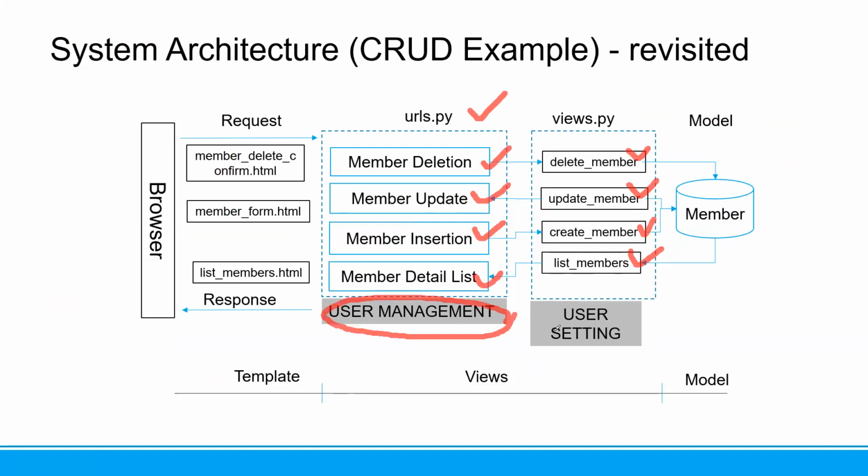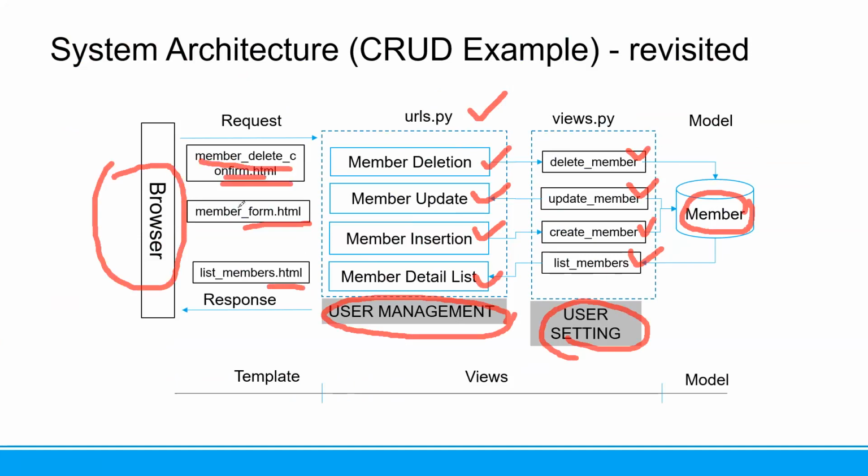So we call this the user management. Maybe this is the user setting. Yeah, you can make your own name. And then we have the data model, which is the member. And whenever we do the request from the browser, there will be three kinds of HTML file: member delete confirm, member form, and list member. So whenever we do requests, there will be a response.